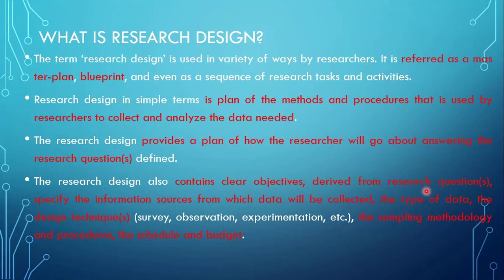In this type of research title, the research design that you are going to use will be a causal type of research design. It will show you the relationship. So it should link with the research questions as well as the research titles. So number one, it should have a clear objective. Number two, your research design should be linked with the research questions as well as the research titles.